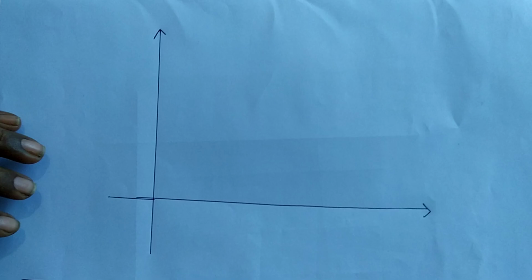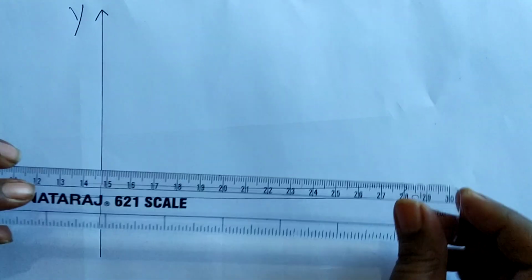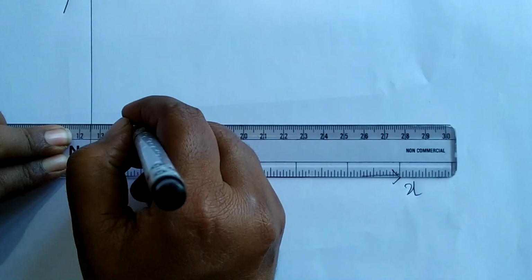So this is our 2-dimensional space, the XY plane, right? And as per the Cohen Sutherland line clipping algorithm, we will divide this XY plane into 9 regions.